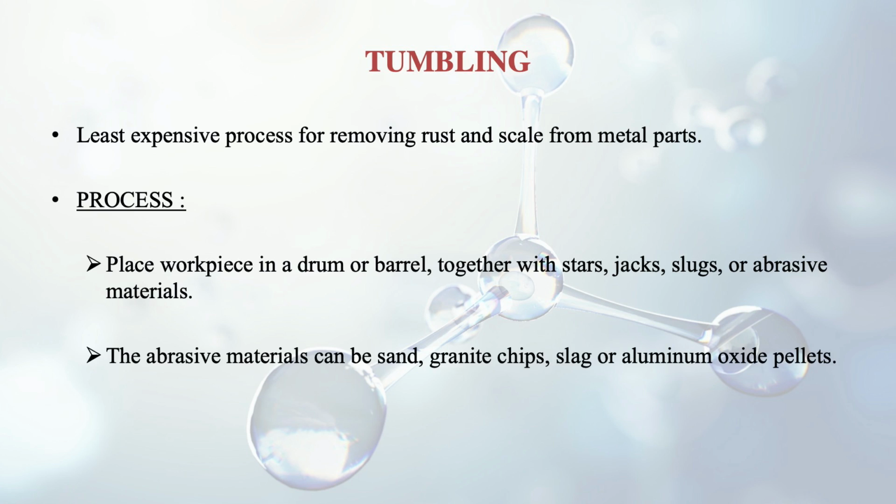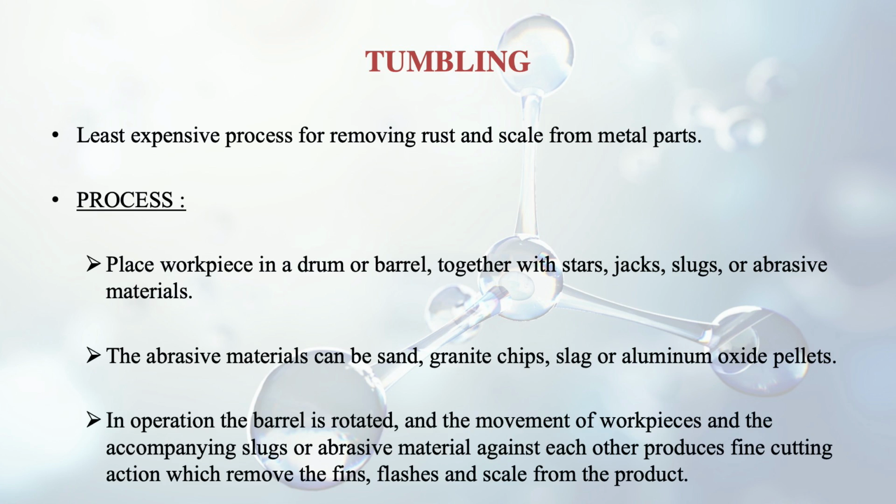The abrasive materials can be sand, granite chips, slag or aluminum oxide pellets. And in this operation, the barrel will be rotated, and thus there will be movement of the workpieces, and the surrounding slugs or abrasive materials which we place together will strike it and further remove the impurities from the surface of the workpiece.